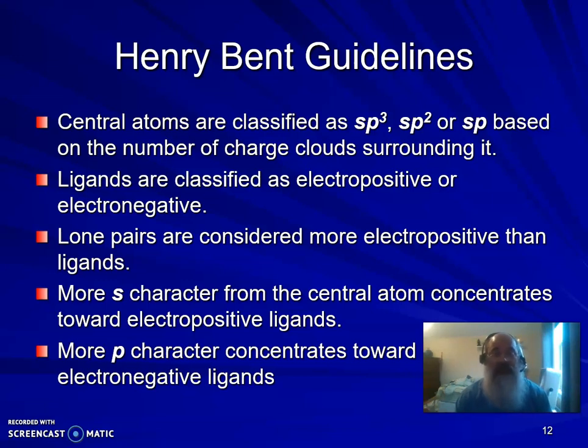The more s character from the central atom is going to concentrate toward electropositive ligands, and more p character is going to go toward electronegative ligands. And electronegative means what it meant in Gen Chem. Fluorine is more electronegative than chlorine, and so on. So we'll try out a couple of examples of this in the next video.